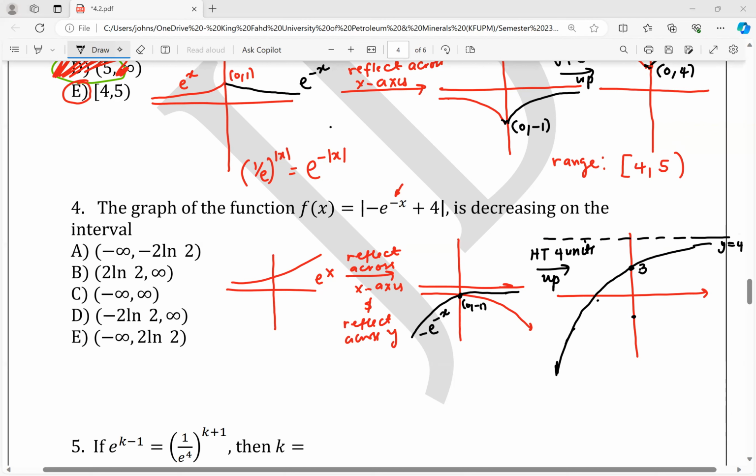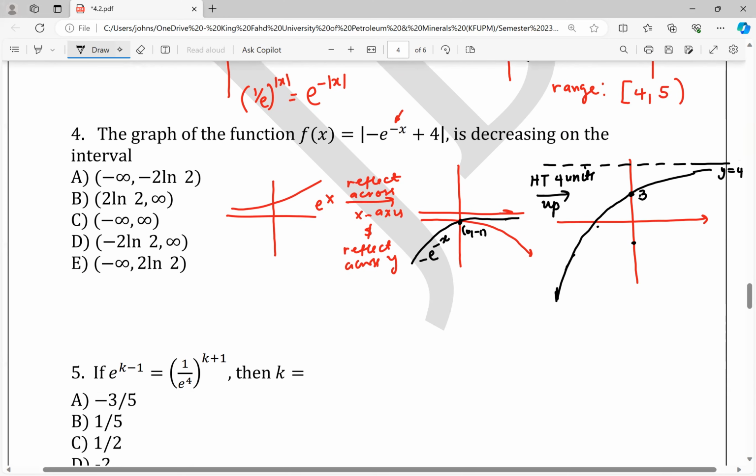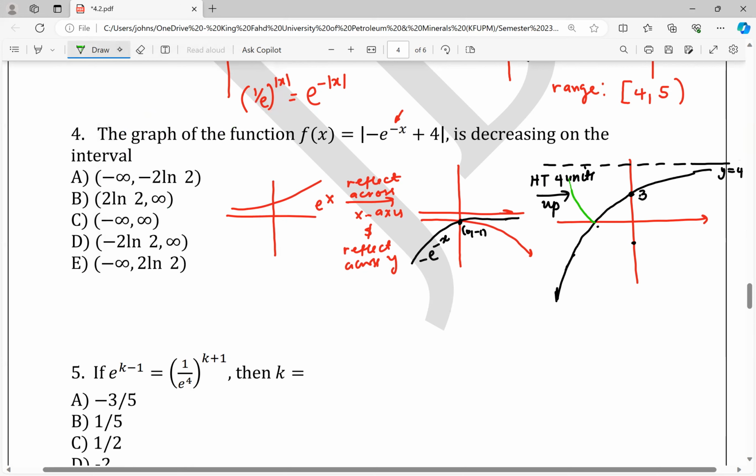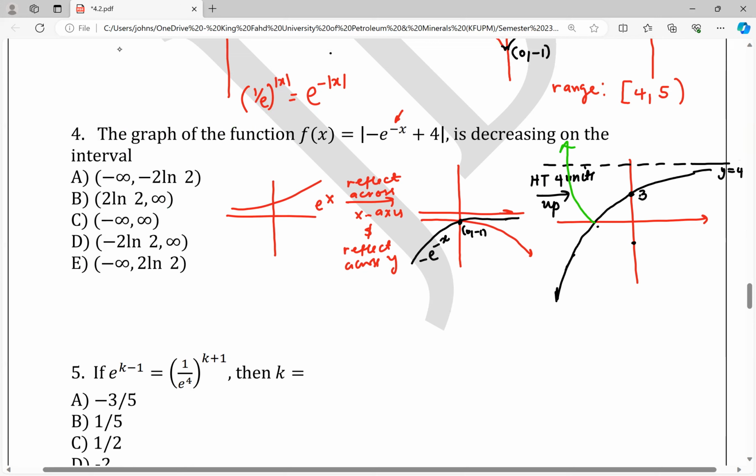So if we reflect it, let me see here. We reflect this across, we will have just something like this part. So this is reflection across the x-axis because we don't want the part that is less than 0 because of the presence of the absolute value.